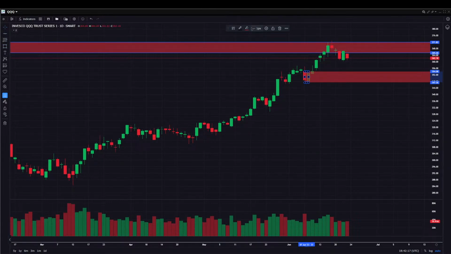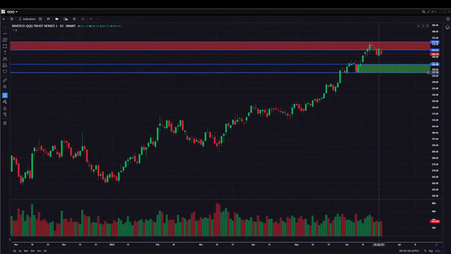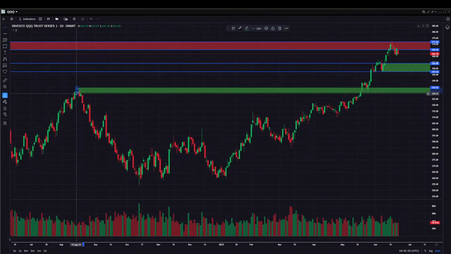So I do mark it. But again, just like NQ, my stronger daily demand is lower. But we could see some participants try to start a position there. Again, this is my stronger daily demand.